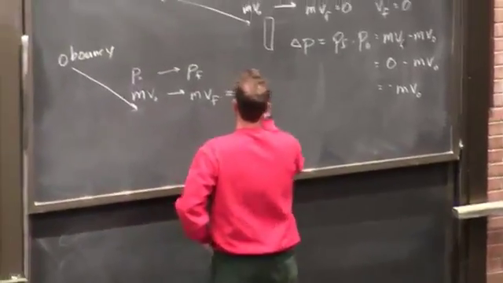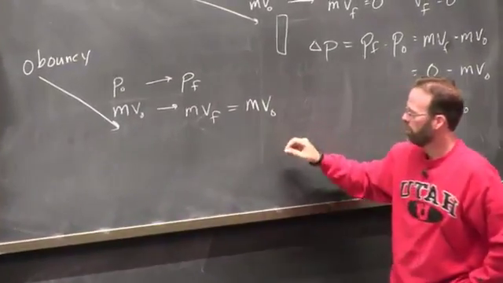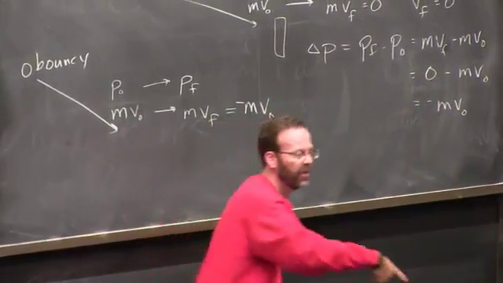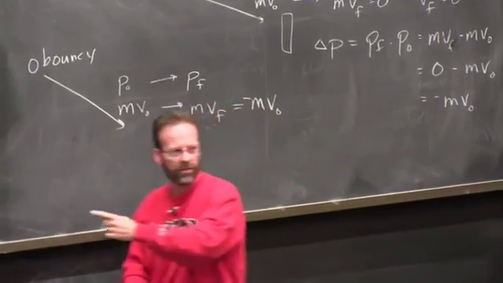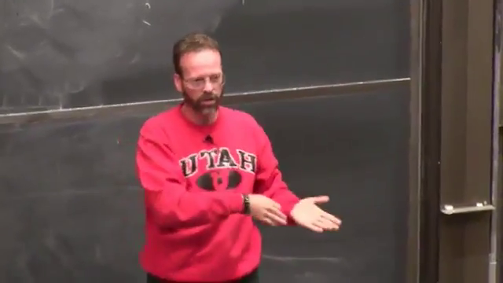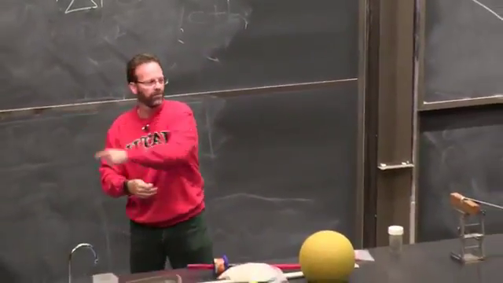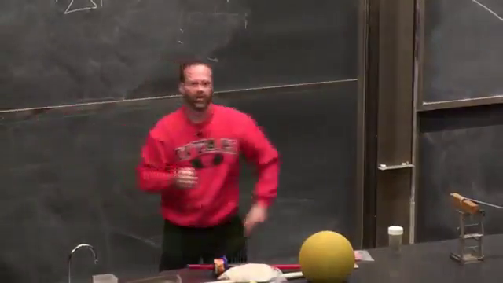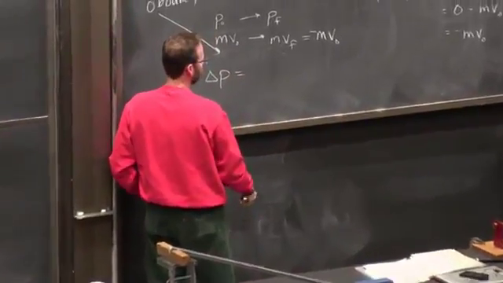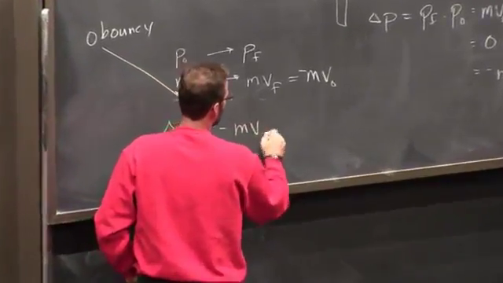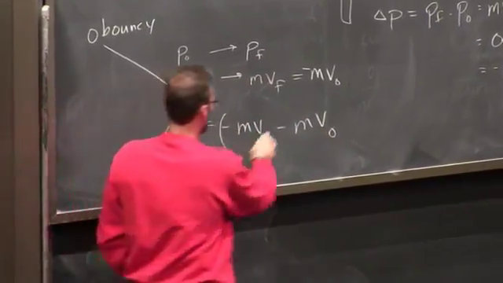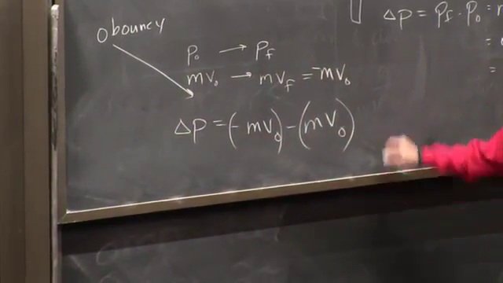So the final is the same as the initial, but in the opposite direction. If it's coming in with positive momentum and it rebounds back to your left, we just throw in a negative sign, right? Because the force applied to it by the block pushed it that way. It was coming in, it stopped it, and it pushed it back. So it was always pushing that way. So what's its change? Its final minus its initial. This is the final. That's the initial. And what is that?